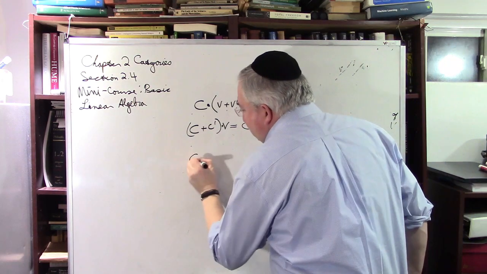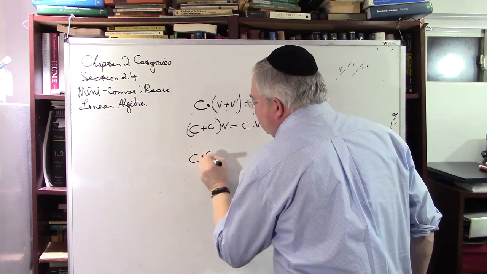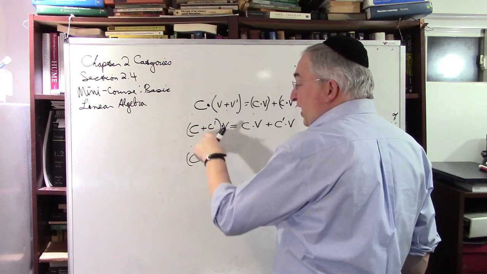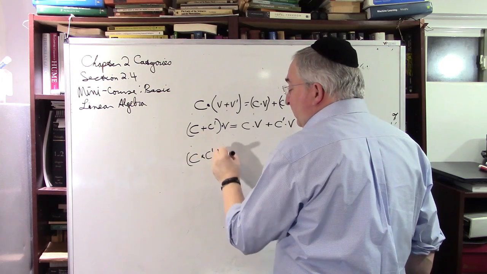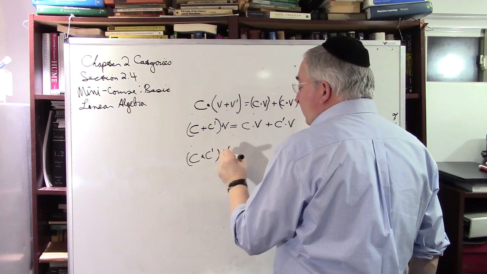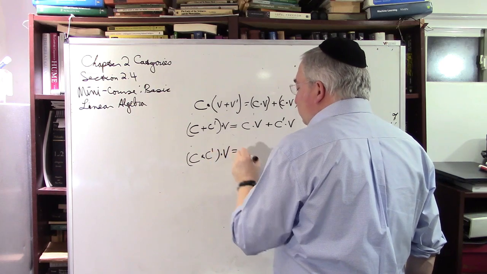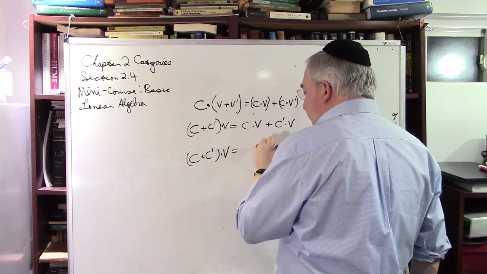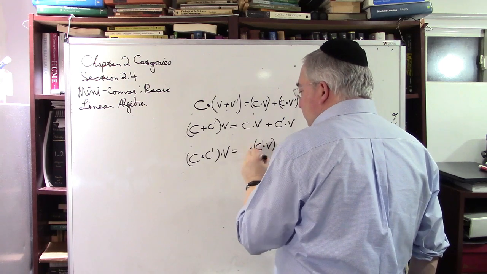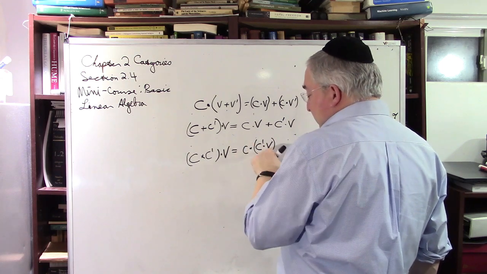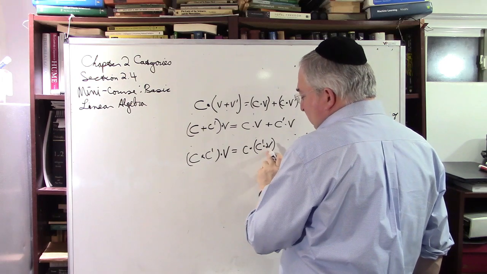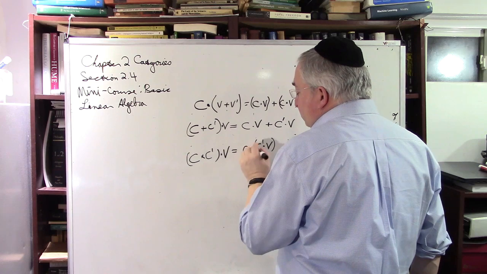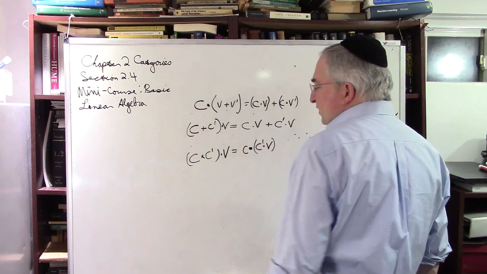Next, C times C prime. Let's say C is a complex number. Not only can I add complex numbers, I can also multiply them, and I have C times C prime dot V. Well, that's equal to take C prime, dot it with V, and V is a vector. C prime times V is a vector. C times that, do the operation twice, and you get that.